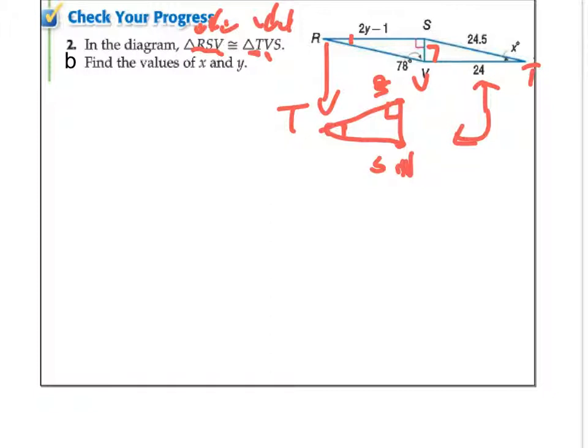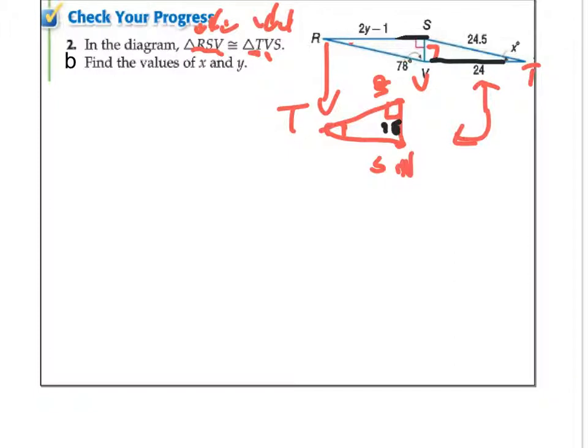So this was 78 degrees here, so when I rotate this one around, I'm going to change colors because this is getting tiny. This is 78 degrees. So basically you're finding the corresponding parts. So now when I rotate this around, this guy would be rotated on top of this guy.